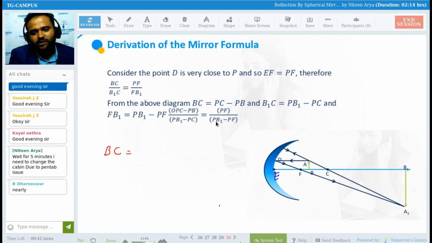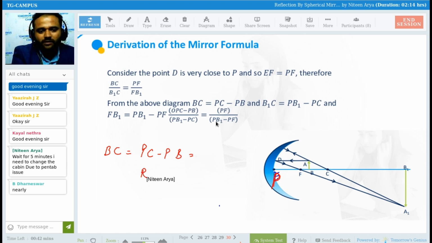From the above diagram, BC is going to be PC minus PB, which is R minus F. Okay, so BC is PC minus PB. As usual, PC is R, and PB is the object distance.